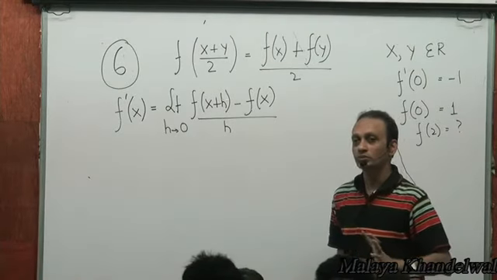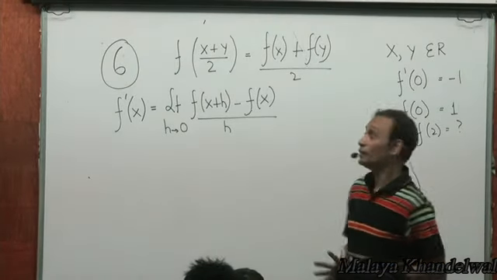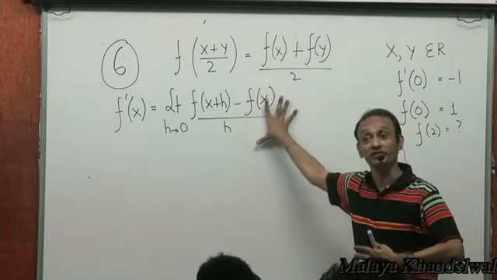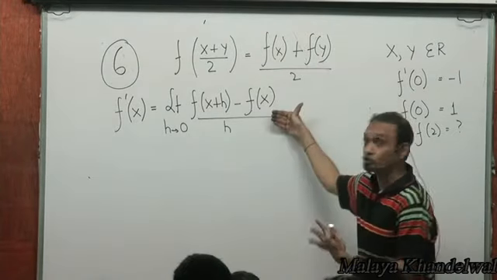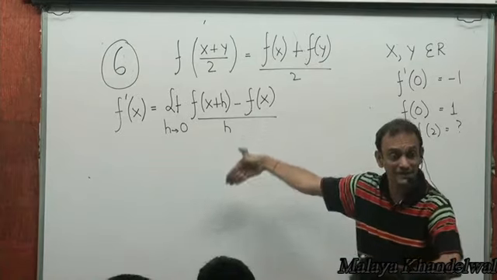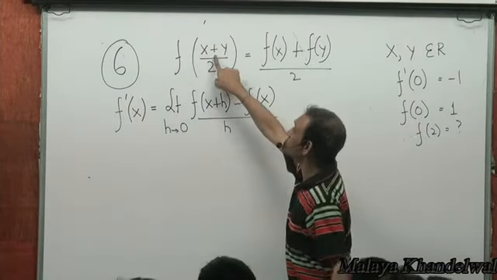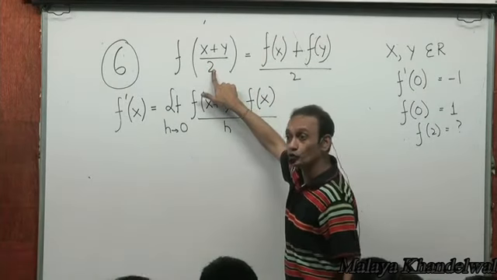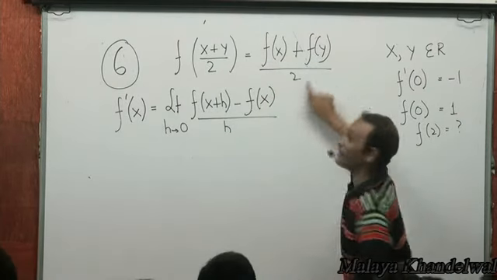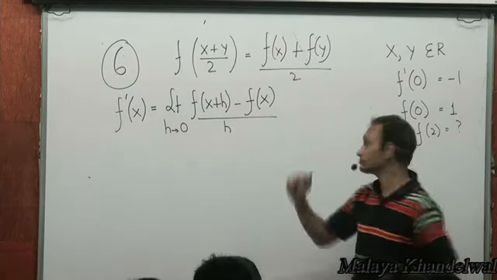Now, the next step would be deployment of this identity somewhere here, because this character has to be drawn into this by some means. What is this? f of (London plus Patna) by 2 is (f of London plus f of Patna) divided by 2. Yes or no?